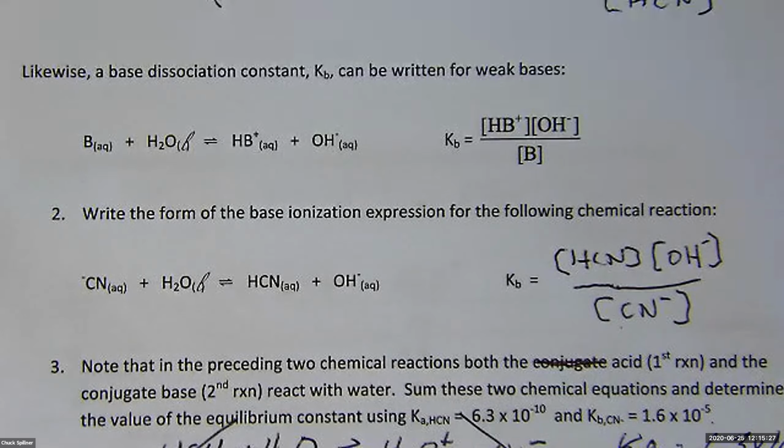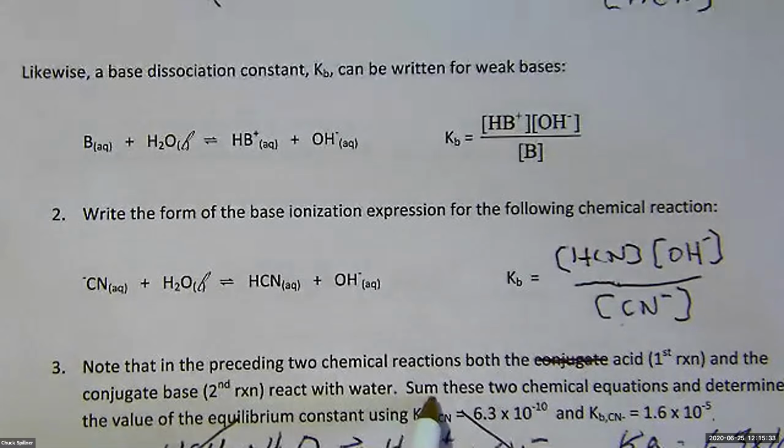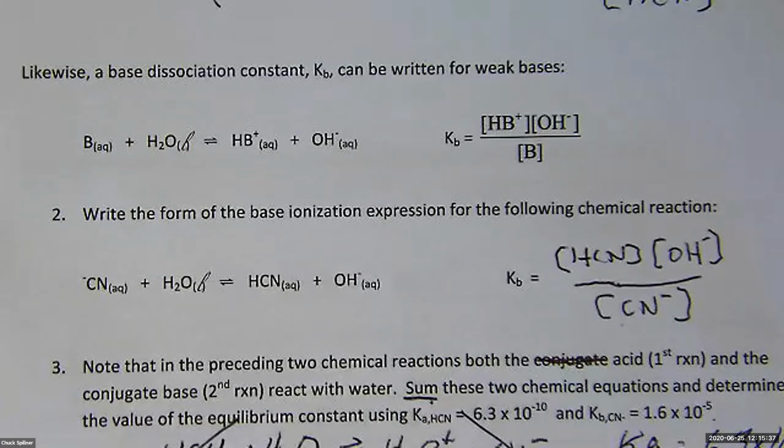I've written the solution. It says sum these two chemical equations. When you sum the two chemical equations, you multiply the equilibrium constants. If you remember that from chapter 13.